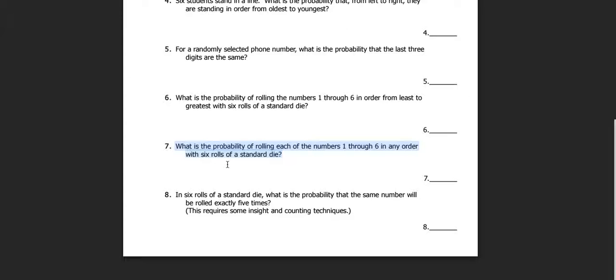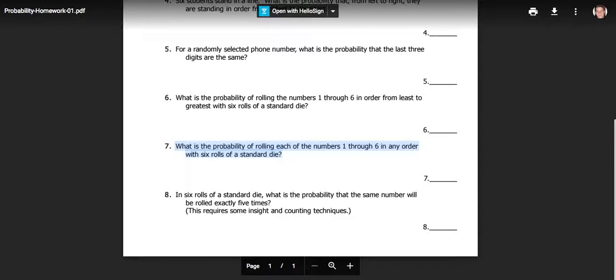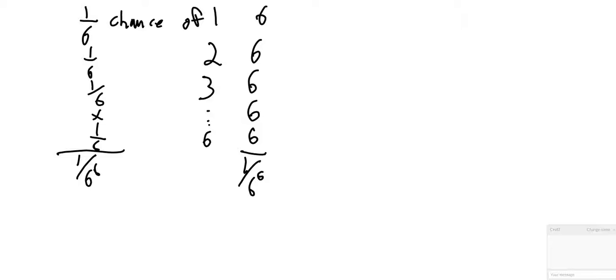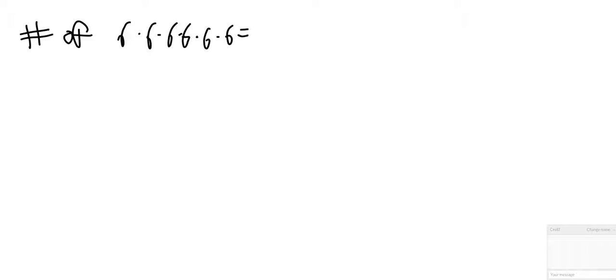So first of all, we established that the number of possible outcomes to rolling the die 6 times is just 6 times 6 times 6 times 6 times 6 times 6, one for each roll, which equals 6 to the 6th.